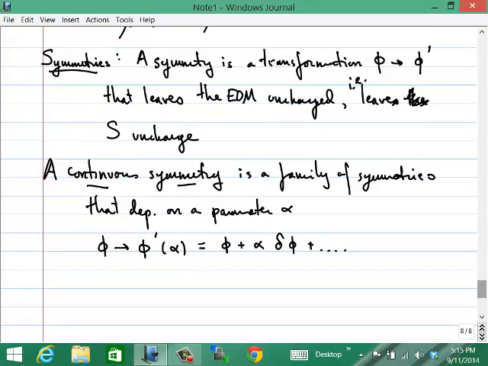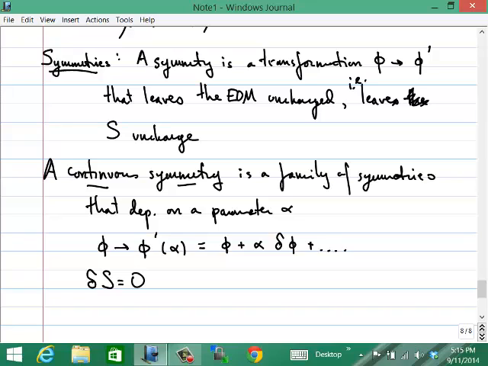So what we have here is a set of symmetries that depend on this parameter alpha. And by definition, for every value of alpha, the action is unchanged, so that delta S is equal to 0 for all alpha. So in particular, we could work at linear order in alpha and ask what the variation of the action is.